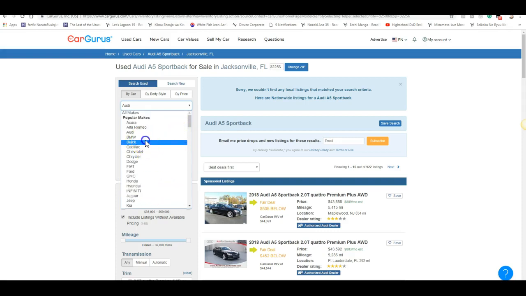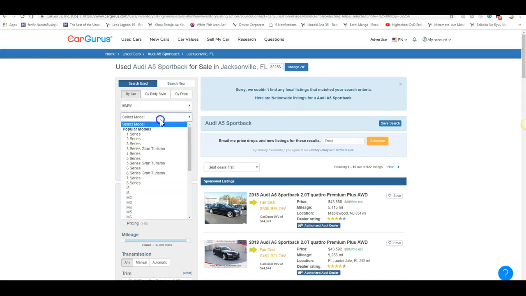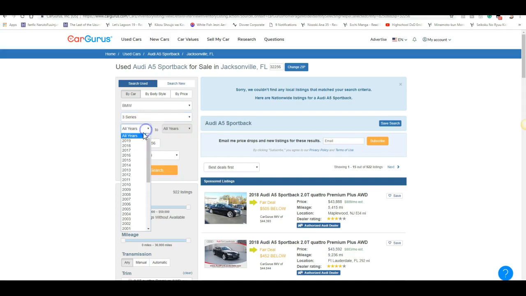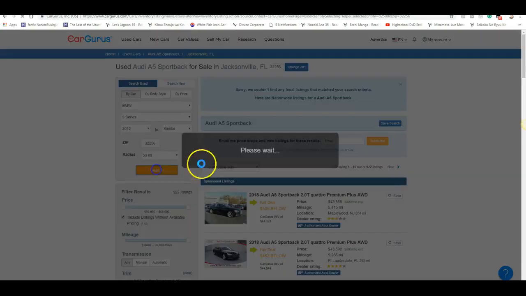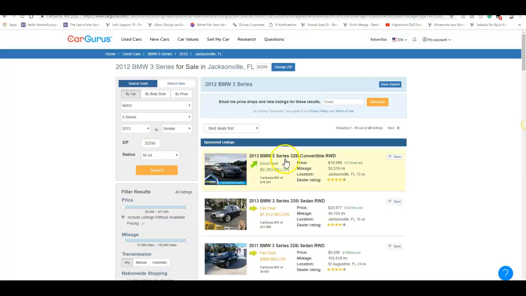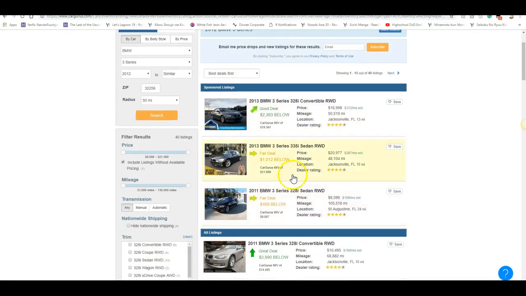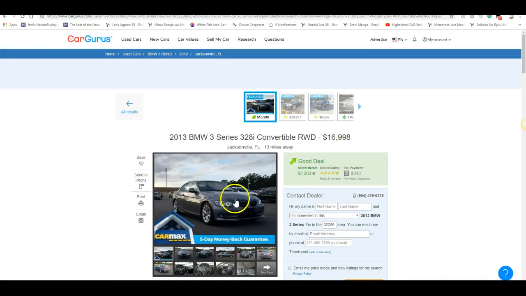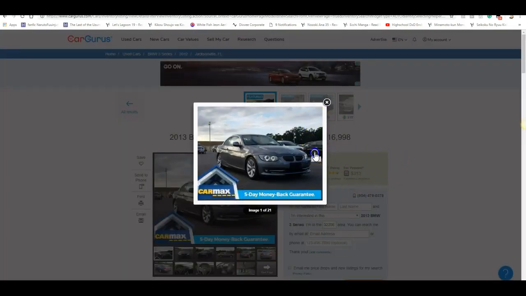Let's see. Boom. 3 Series. 2012. There you go. Look at that. If you're just trading, making $1,200 a month, this is something you could get.